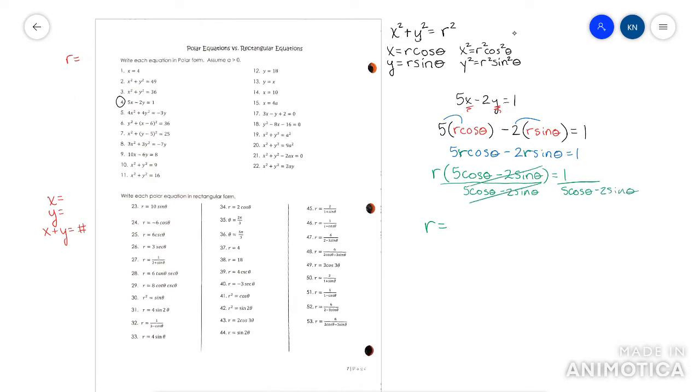So when it's all said and done, you get r equals 1 over 5 cosine theta minus 2 sine theta. And I'd probably leave it like that. Okay, let's look at a couple more.